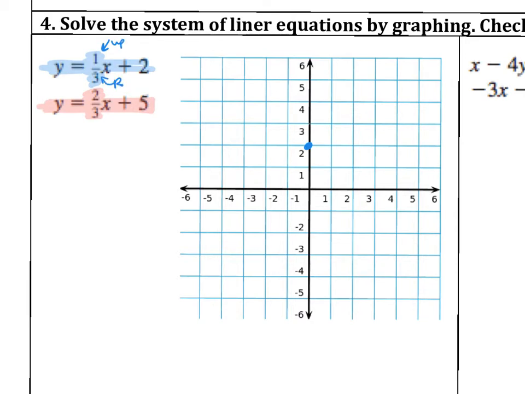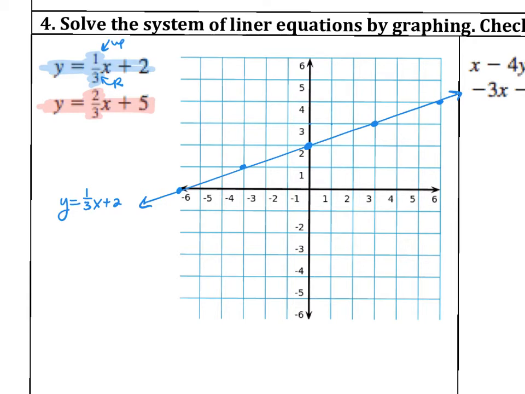So going up 1, right 3, up 1, right 3, and down 1, left 3, down 1, left 3. You want to extend across your graph. And make sure you either color code your lines or you label them, so I know which line is which.